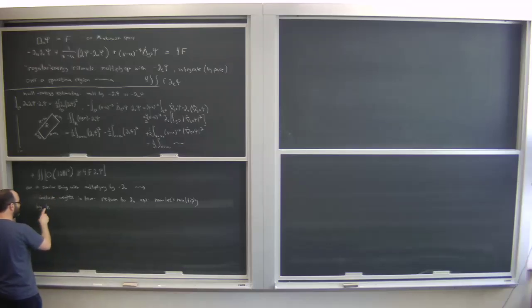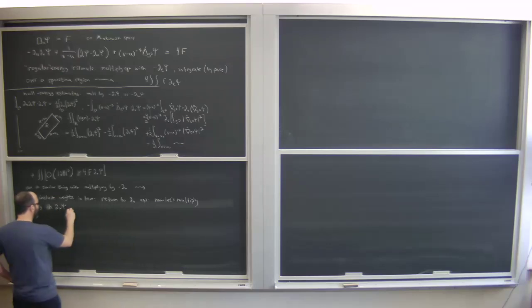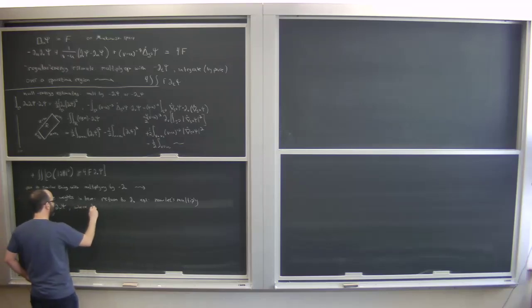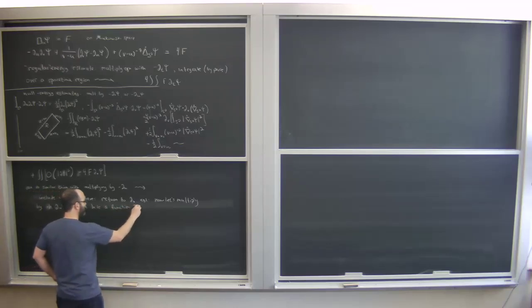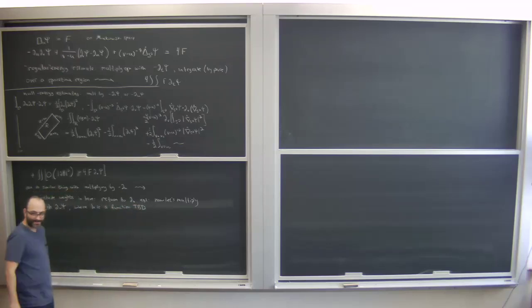We don't know what we want it to be. By h times dv of psi, say, minus du, where h is a function, say, TBD. Okay. And all right, now you can just use all that same structure, right?